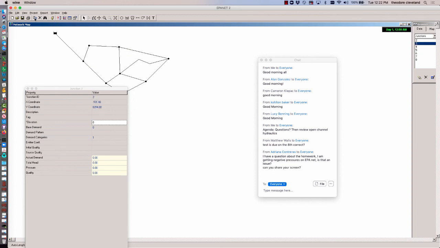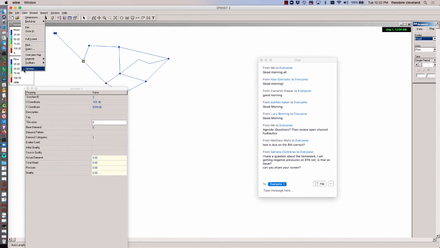The reason being, if we were to look at the nodes, let me go ahead and render the heads and view options.